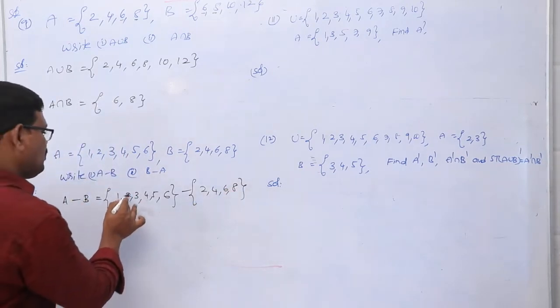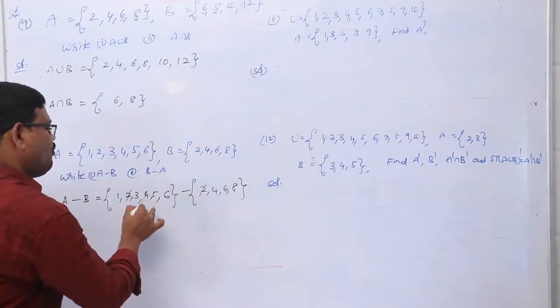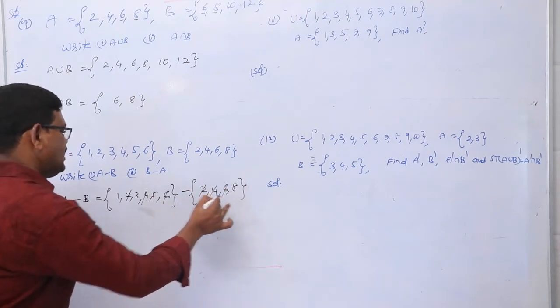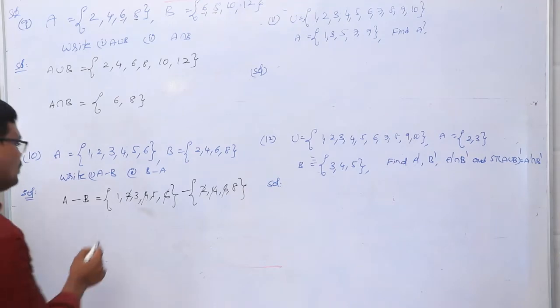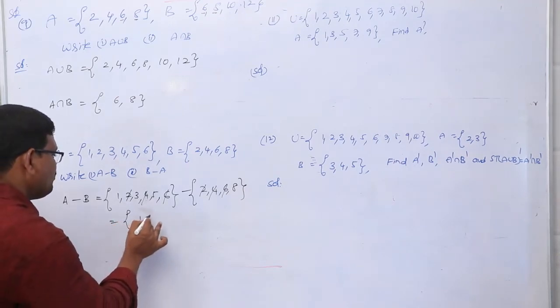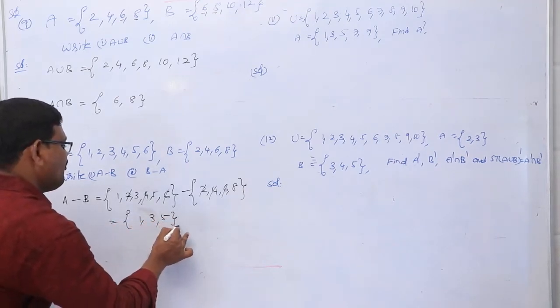Here 2, 4, 6 are removed. Then the remaining elements are A minus B = {1, 3, 5}.